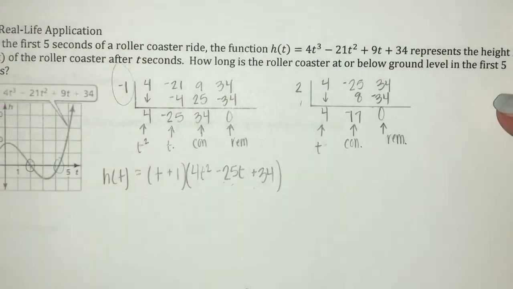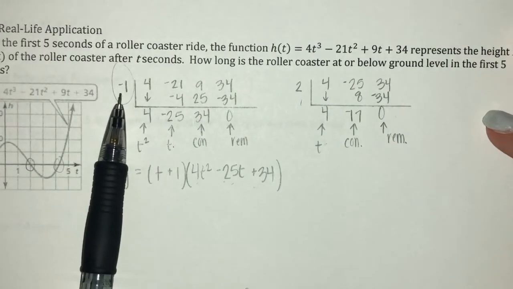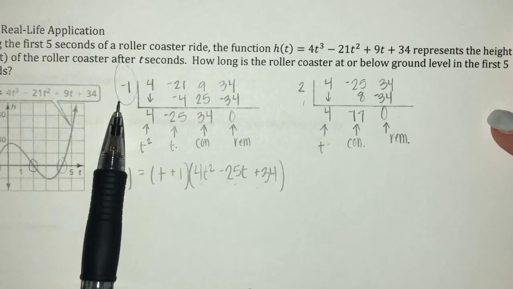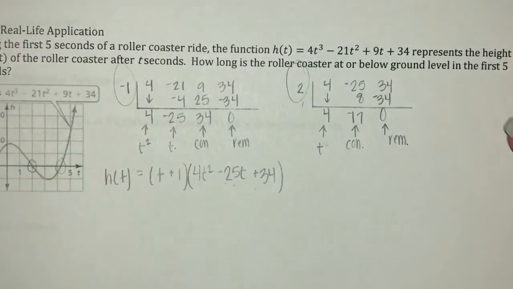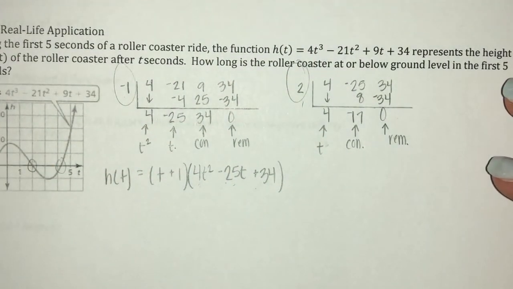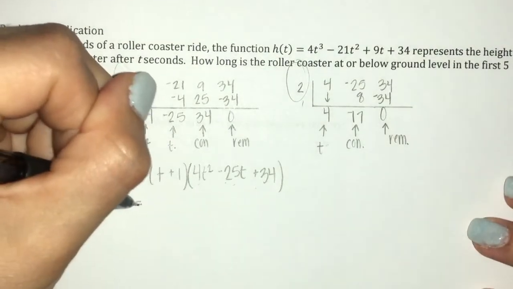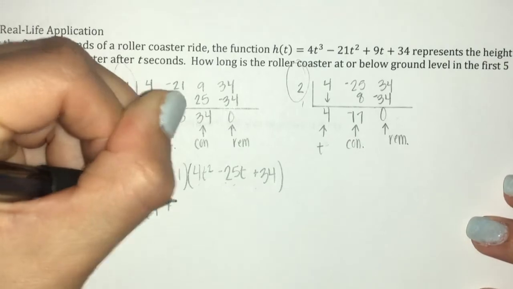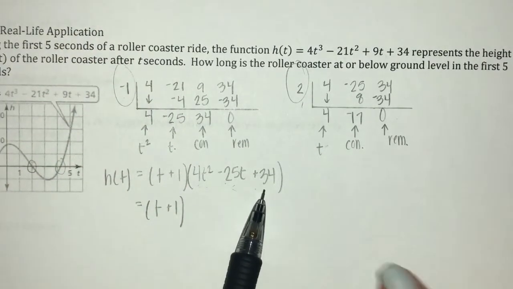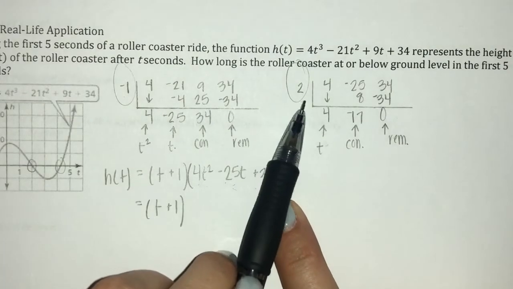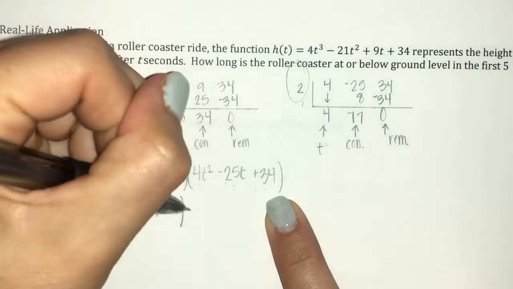So we proved that, first we proved that t plus 1 is a factor by checking k equals -1. And now we proved that t minus 2 is a factor by using synthetic for k equals 2. So this can be factored further into t plus 1. And then the 4t squared minus 25t plus 34 factors into t minus 2 for the k equals 2.